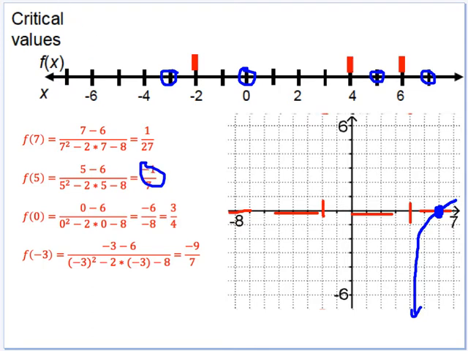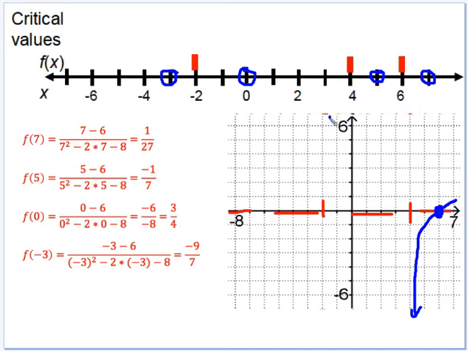I really don't care about the actual value. I just want to know, is it a negative number or a positive number here? And then down here in between these two sections, I have a positive number. So I know that my graph is going to be up here somewhere. And I know I have an asymptote here and an asymptote here.